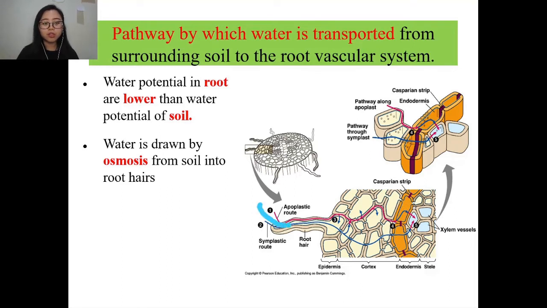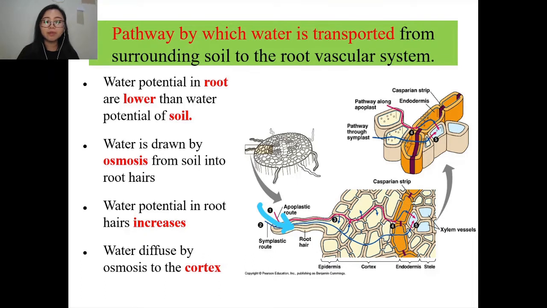The movement of water via osmosis is from soil into root hair. Now, the water potential in the root hairs will increase. What's going to happen next is water will diffuse by osmosis to the cortex. So, movement of water is now from root hair into the cortex.